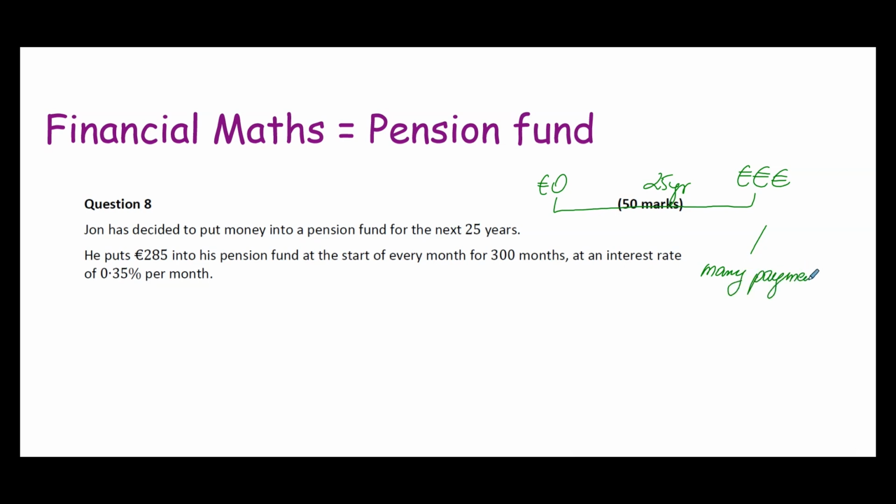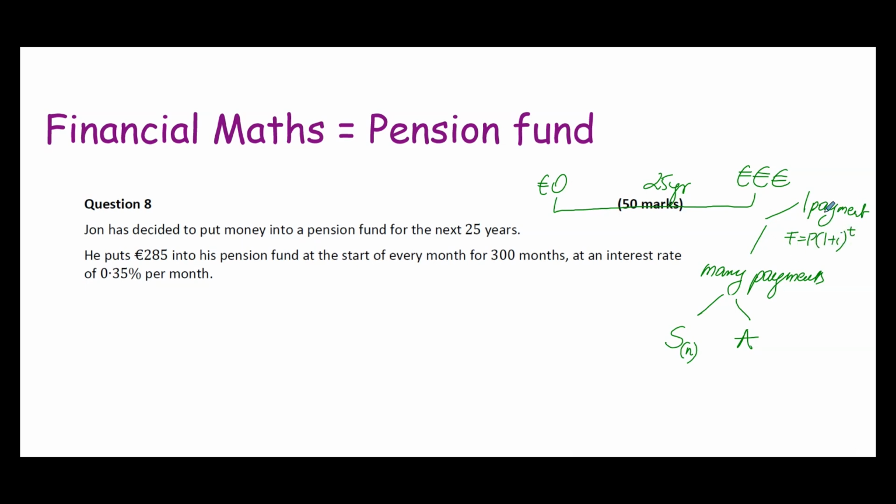If we have many payments, then we have two options. We can use the formula for sum in geometric sequence, or we can use the amortization formula. If we are talking one payment, then we go for the formula that has to do with compound interest.